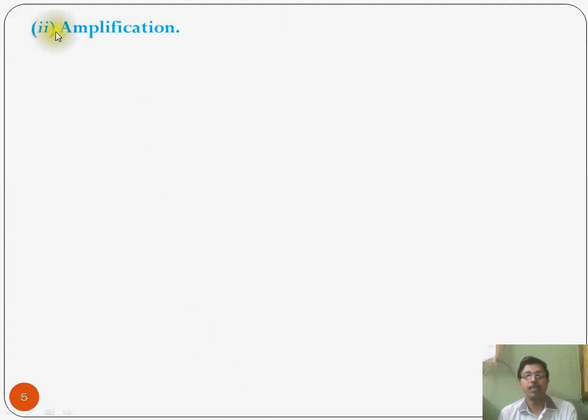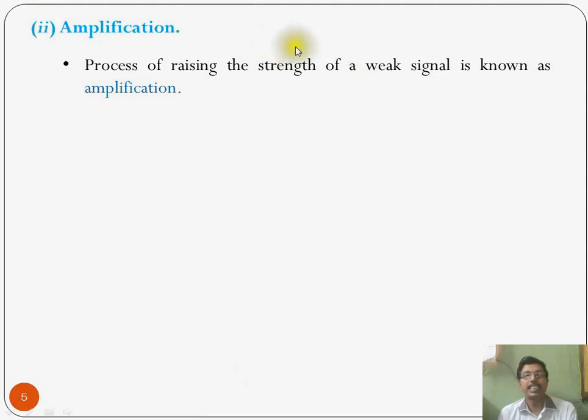Next one is amplification. What is amplification? Actually, it's the process of increasing the strength of a weak signal. What is the necessity to increase the strength of the weak signal? For example, if you take a radio, radio sets are used to receive the atmospheric signal, the signals which are available in the atmosphere, and we are going to convert that into an audio signal.